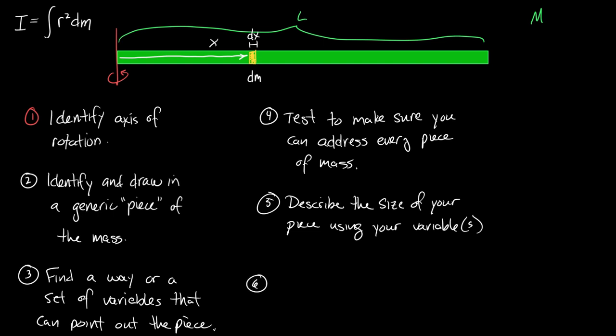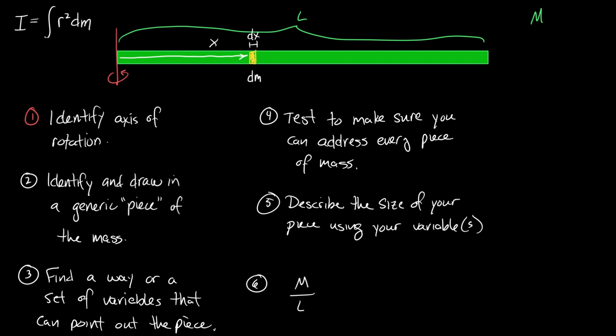Now this part's a little bit harder. We want to find a ratio, a way of comparing the mass and shape of our object to the mass and shape of our piece. For a one-dimensional object, it's pretty easy. We're just going to use a ratio.